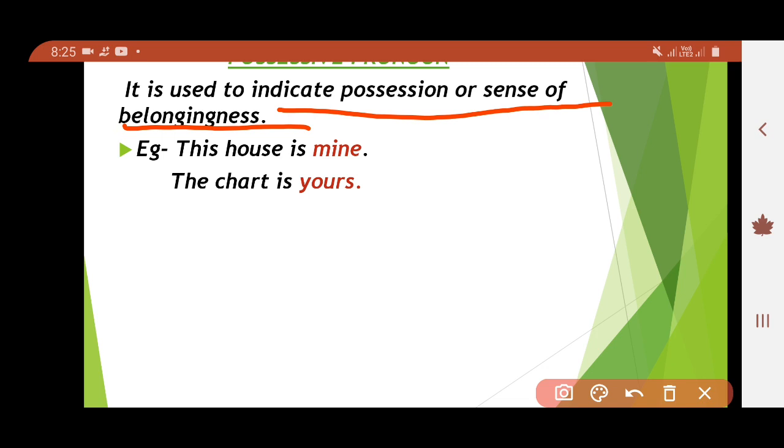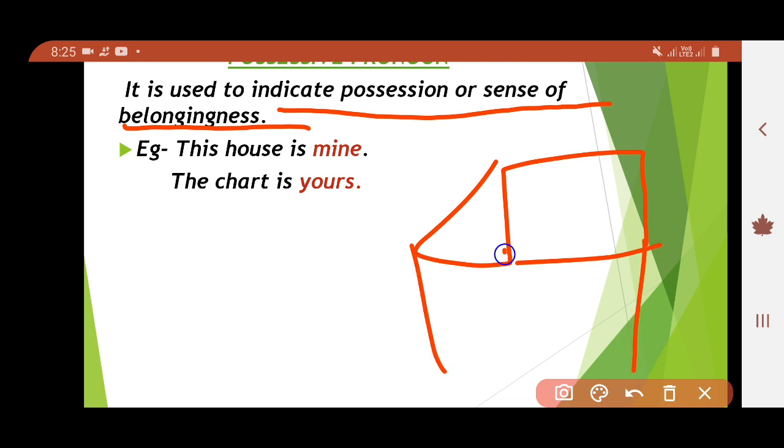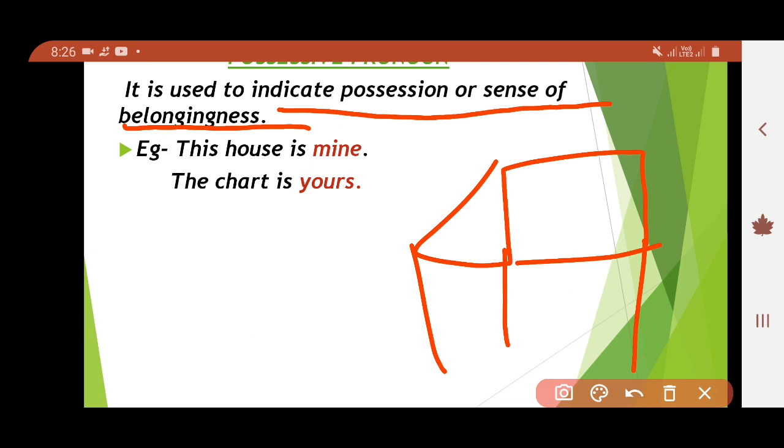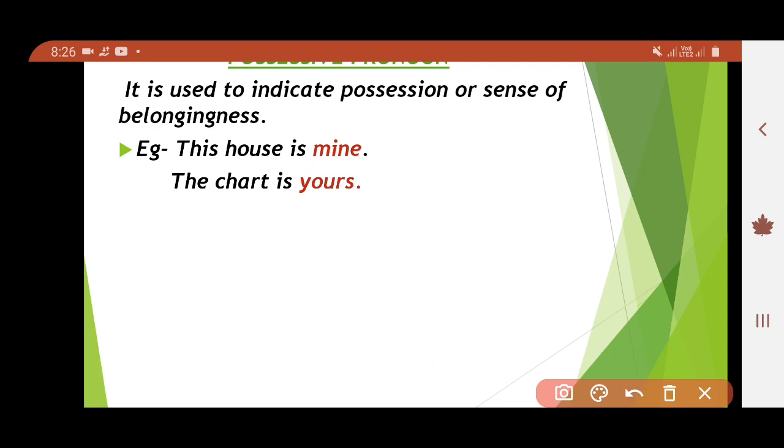This house is mine. So whose house is it? This house belongs to me. Okay, so mine here is the possessive pronoun. Next example: the chart is yours.